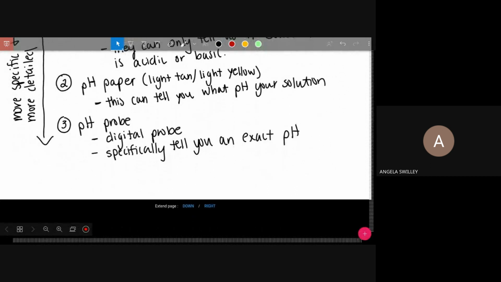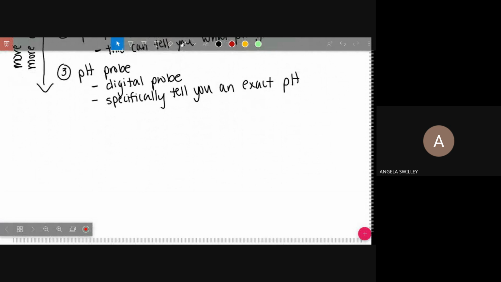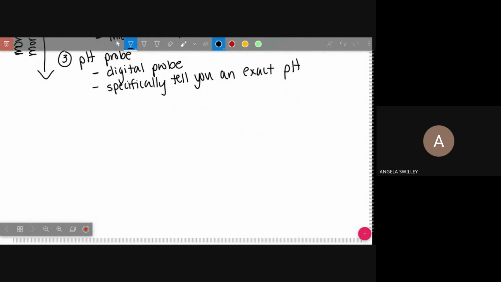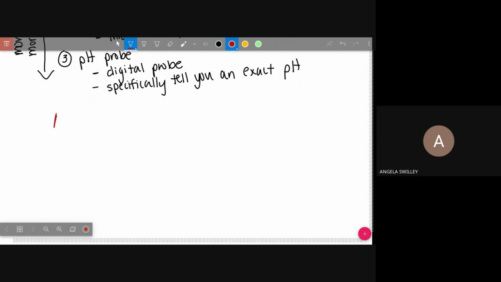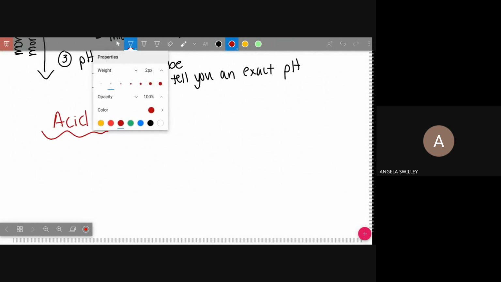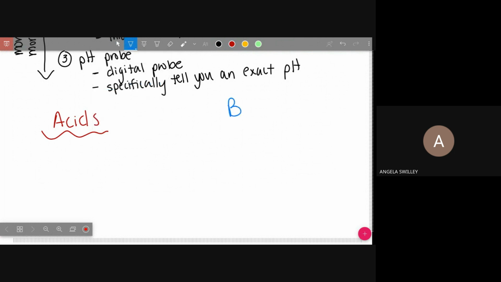All right, now let's compare acids and bases. So acids taste sour.